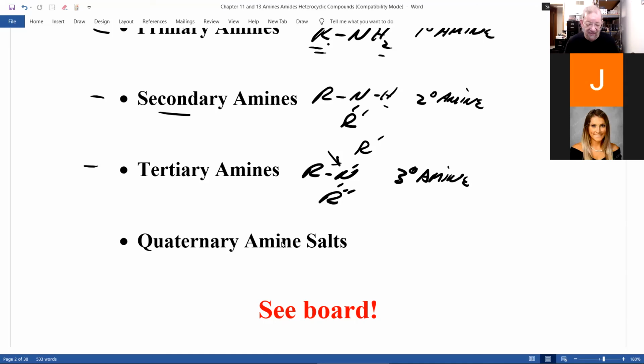Now, I'm going to talk about something very dear and near to my heart, quaternary ammonium salts. And what is a quaternary ammonium salt? The non-bonding electrons, which I don't show here, can also bond. Now, since all the electrons on one of these bonds come from nitrogen, it will have a plus charge.